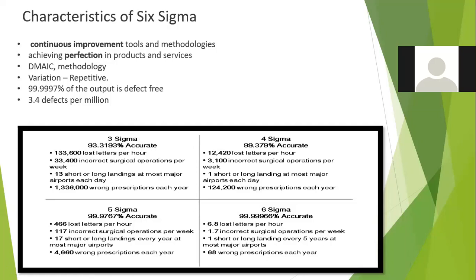aircraft or flights, how many accidents are happening now? They go up to 9 or 10 sigma level. They will get an accident only once in a year, or once in 3 or 5 years.